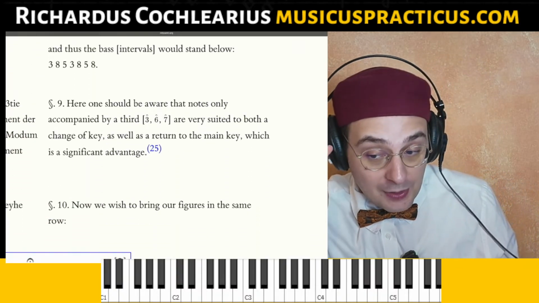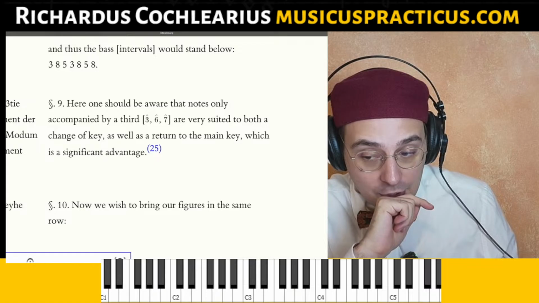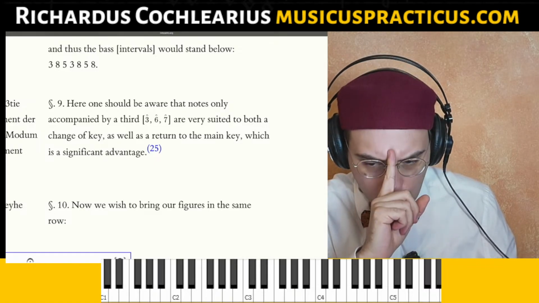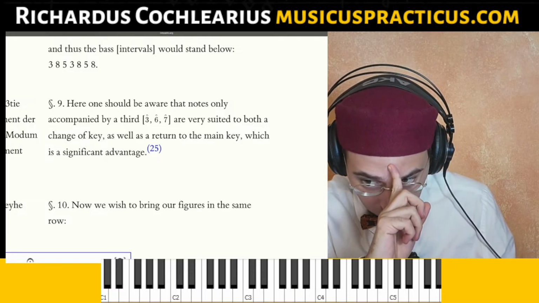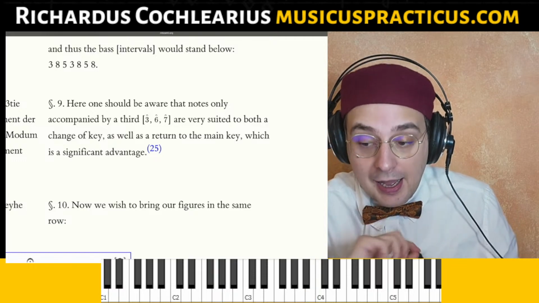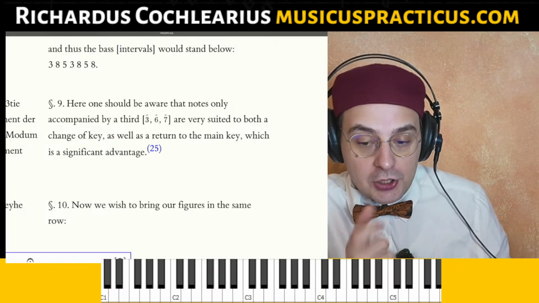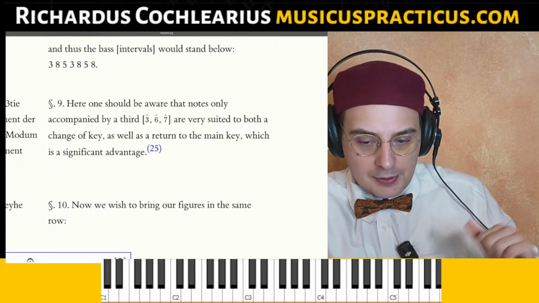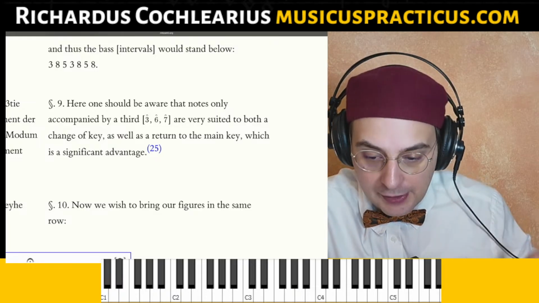Here one should be aware that notes only accompanied by a third, so degree 3, degree 6 and 7, are very suited to both a change of key, as well as a return to the main key, which is a significant advantage.